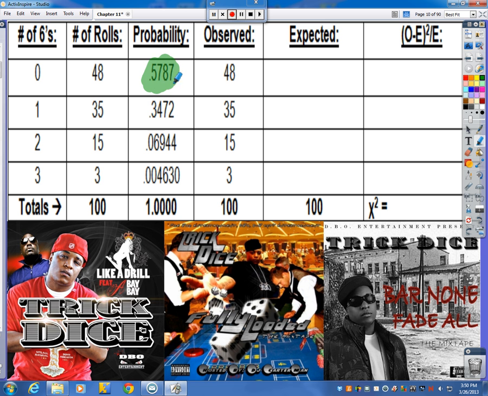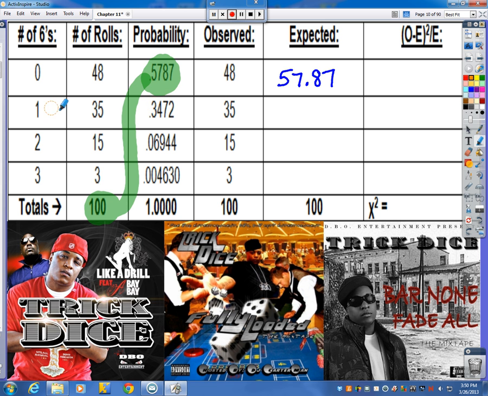If this is how often 3 non-sixes come up, and we're going to roll 100 times, then 100 times this probability means we would expect 57.87 out of 100 rolls to produce 0 sixes.